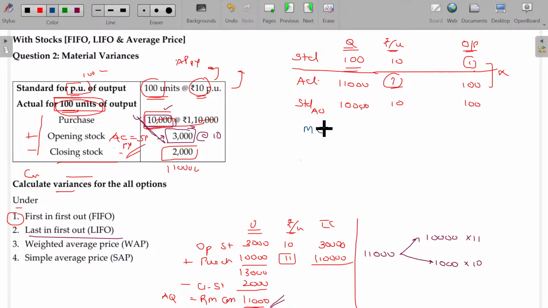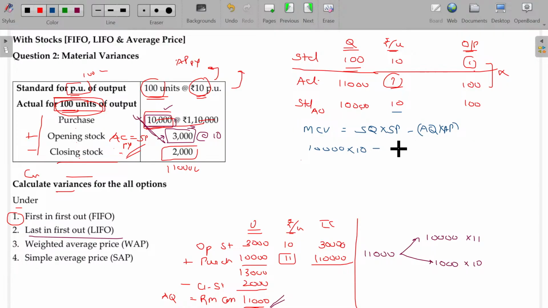Material cost variance is equal to standard quantity into standard price minus actual quantity into actual price. Standard quantity in this case being 10,000 units, standard price being 10.